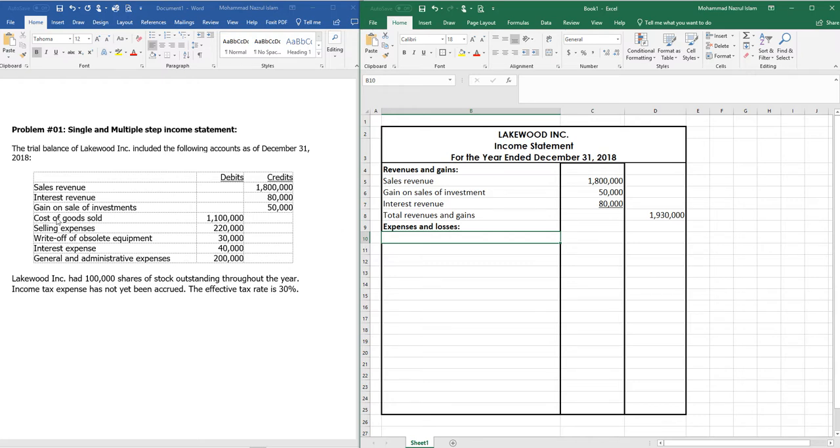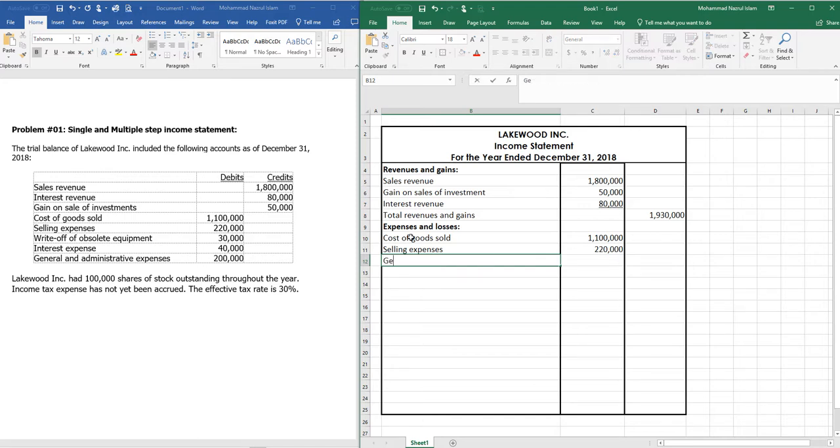What do we have? Cost of goods sold is an expense. The cost of goods sold is 1,100,000. Then we have selling expenses, which is 220,000.